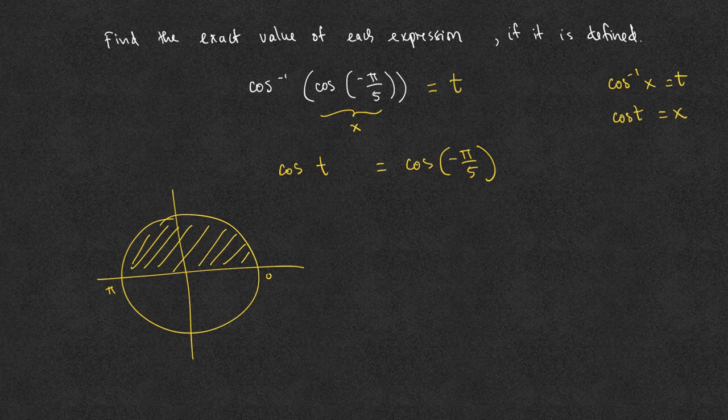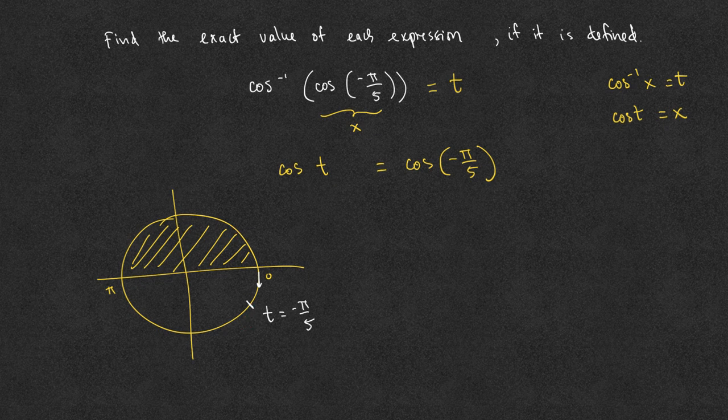Negative pi over 5 is in the fourth quadrant, going clockwise. This is t equals negative pi over 5. Remember that on the unit circle, there are infinitely many t where cosine of t is the same x coordinate.